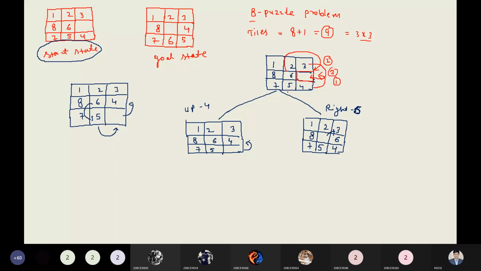So this would be our initial level. The third one was that we can do the 3 down. So 3 down we can do, and 4 will be as it is, 5 will be as it is, 7 will be as it is, 1 2 will be as it is, 6 I will not change, and 8 will be as it is.